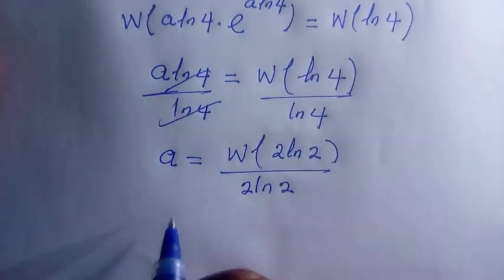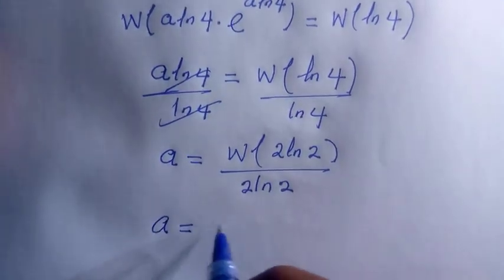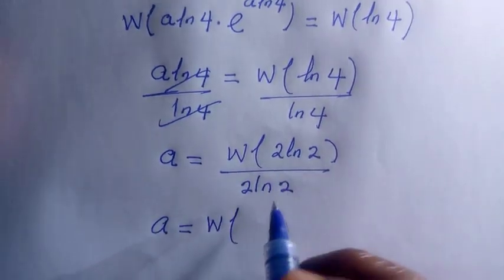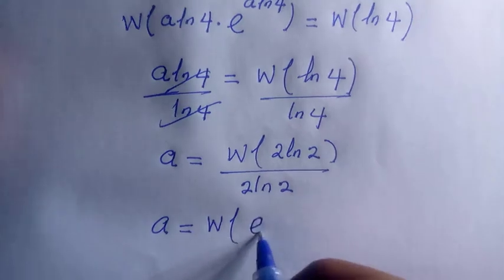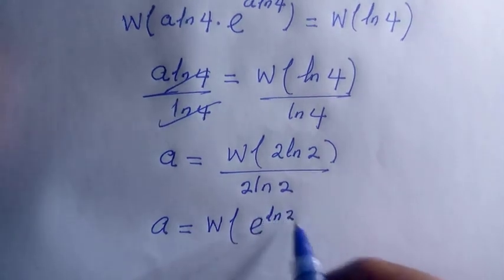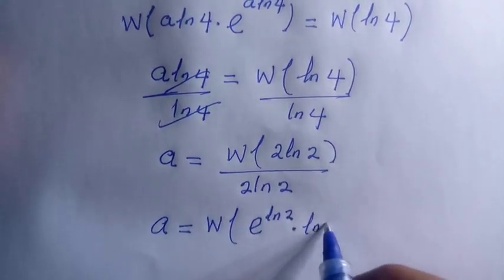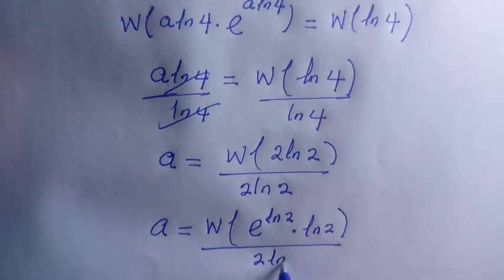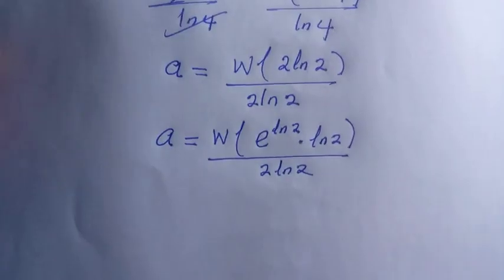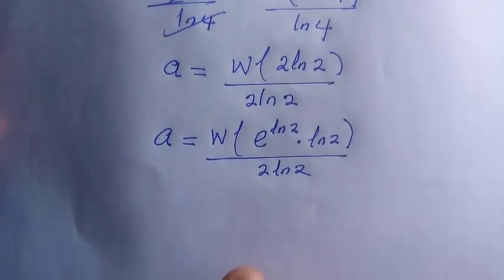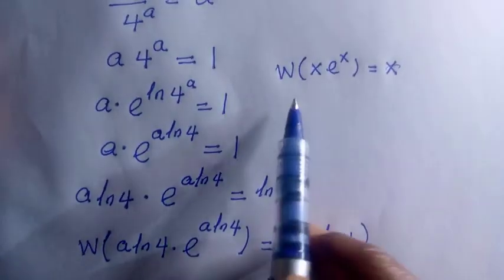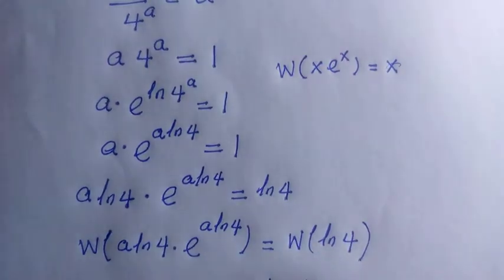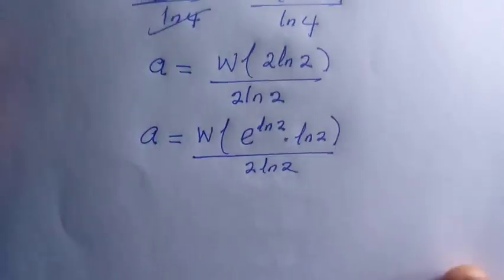So what we do here is write a equals omega of, for this 2, I rewrite it as e raised to the power of ln 2, then multiply by ln 2, so everything is divided by 2 ln 2. What we have here, we can consider as what I already wrote above as the function called the Lambert omega function.